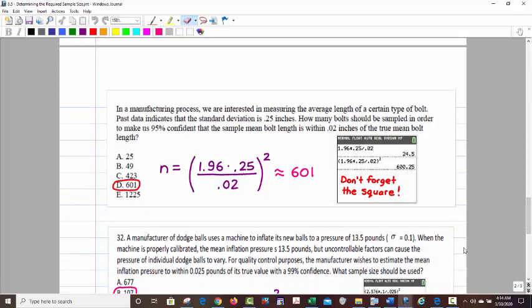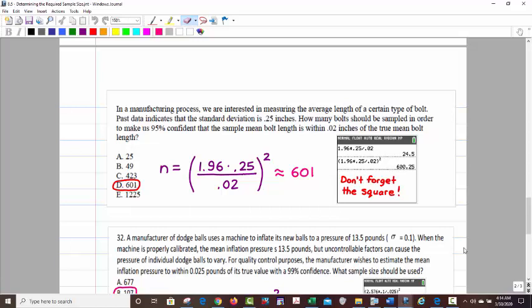Now let's take a look at this one. Alrighty. Standard deviation is 0.25, 95% confident, within 0.02. So that's your margin of error, 0.02.